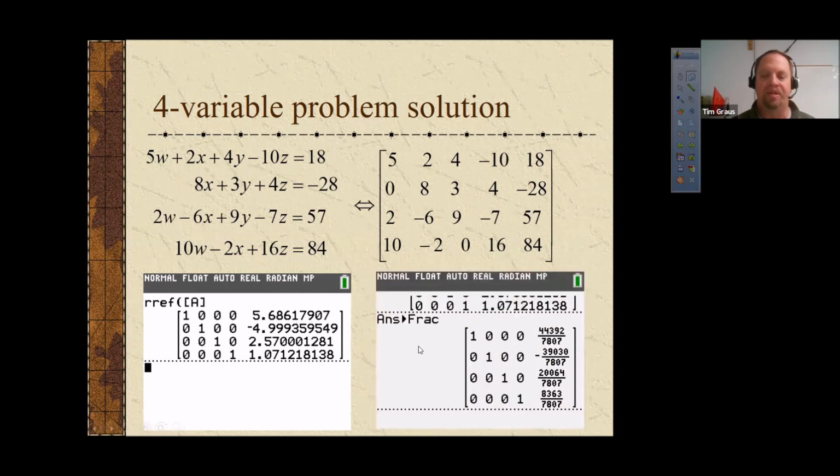All you have to do is hit Math Frac, and you'll be able to turn all those numbers into fractions. So this system of equations doesn't have a very pretty answer, but at least it has an answer. There is one single point in 4-dimensional space where all 4 of these equations will intersect.